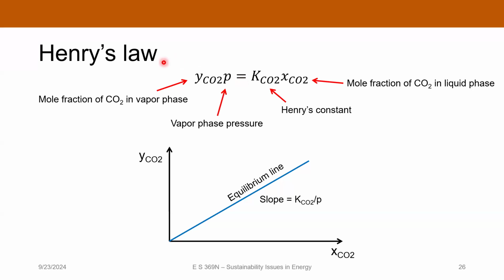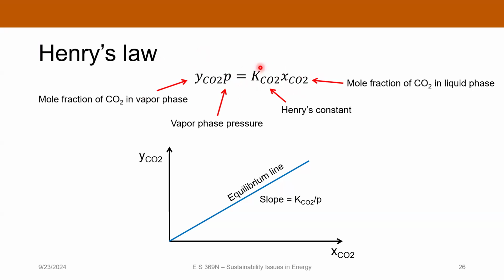And so Henry's law just says that if you multiply the mole fraction in the vapor phase times the total pressure of the vapor phase, that'll give you the mole fraction in the liquid phase if you know what Henry's constant is for that system. And that varies as a function of the particular gas you're dealing with and then the composition of the liquid phase.